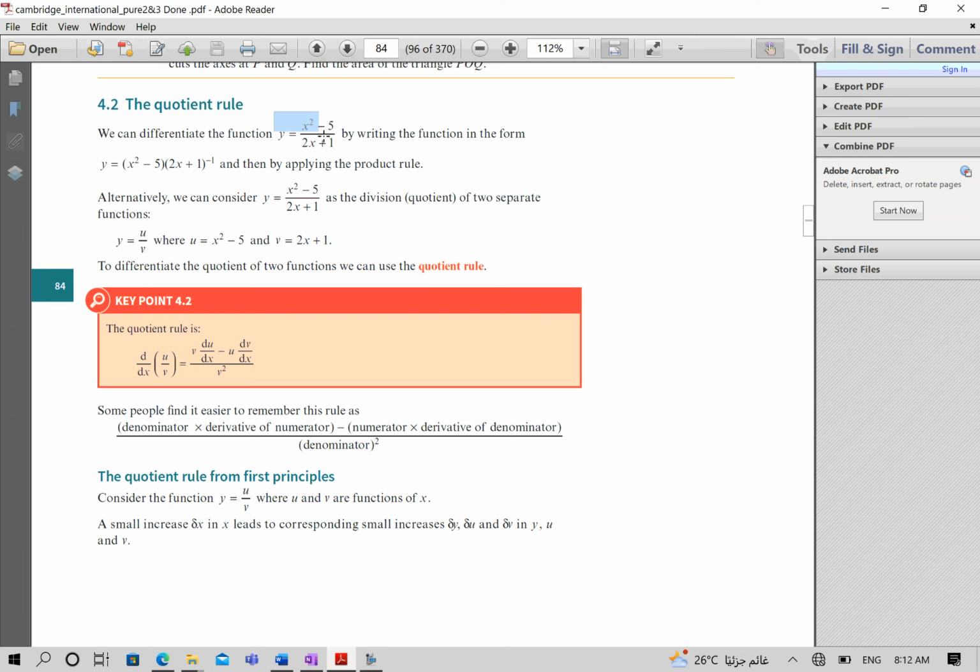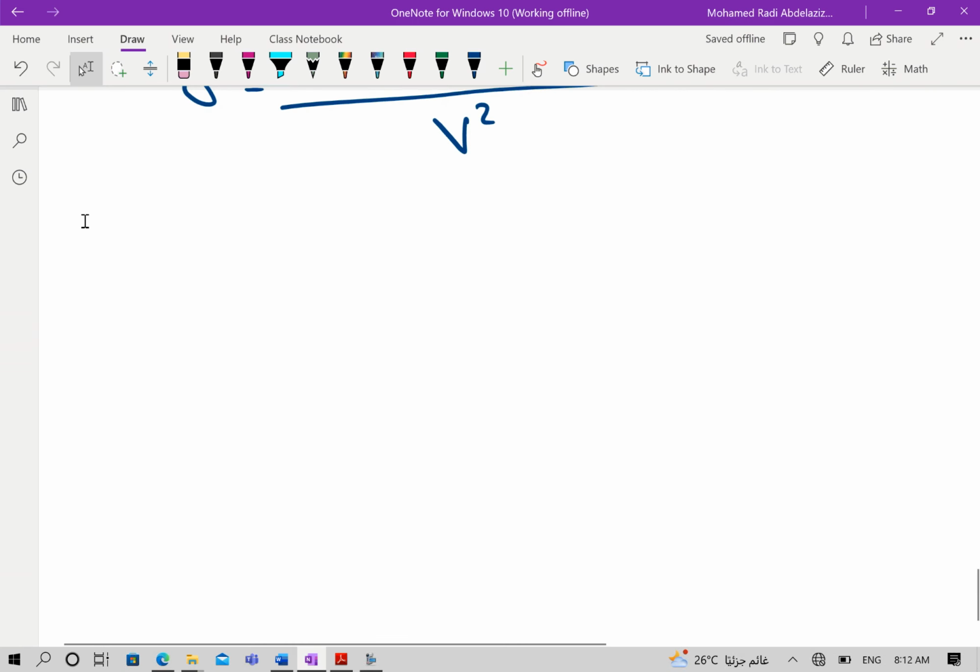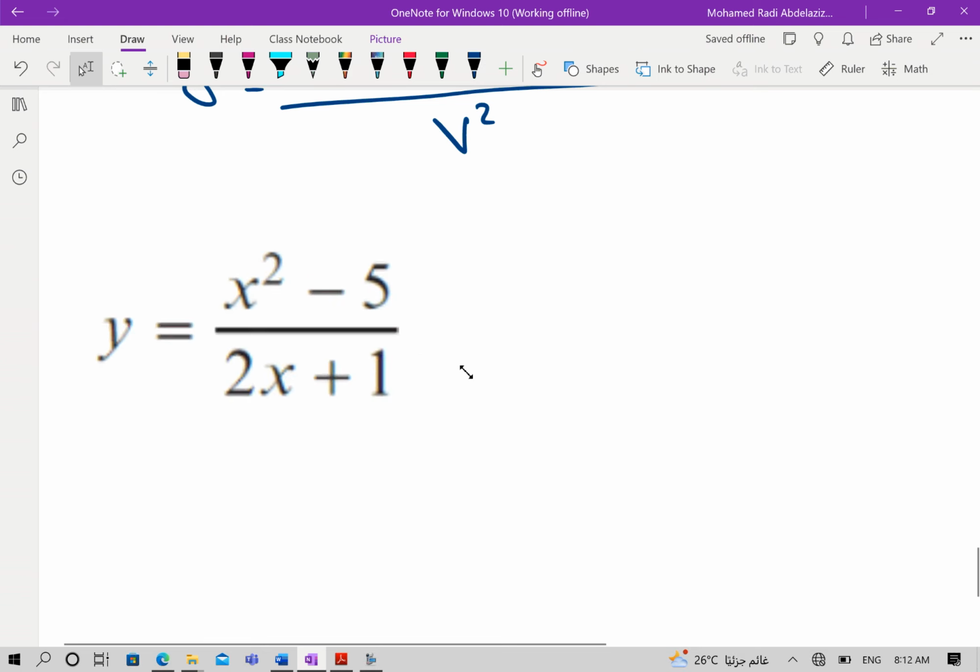If we have a function written in this form, y is equal to x squared over 2x plus 1, we have u over v, a quotient rule.